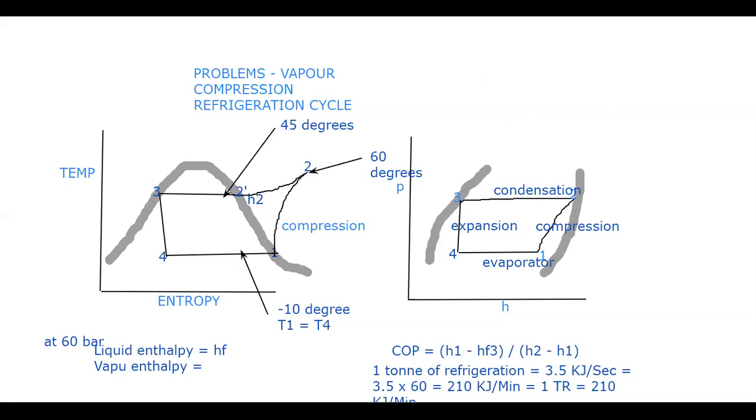So this is the data he has given. See, at minus 10 degrees, what is my liquid enthalpy? It is 45.4. You can see the screen. What are the enthalpies given at minus 10? Can you read?